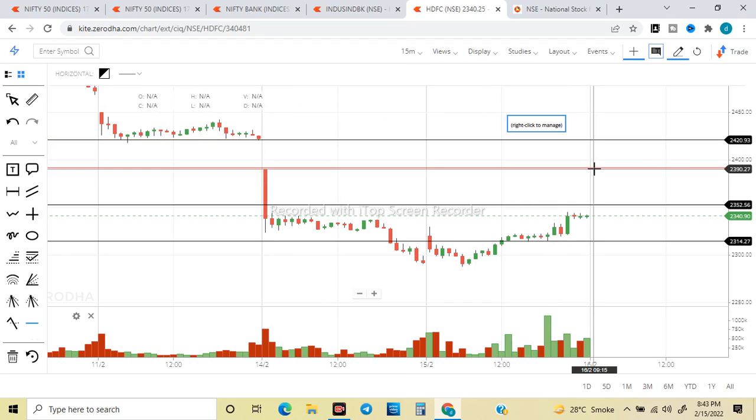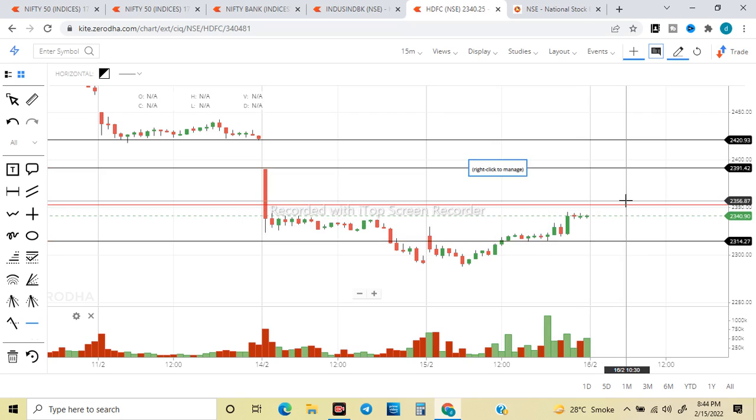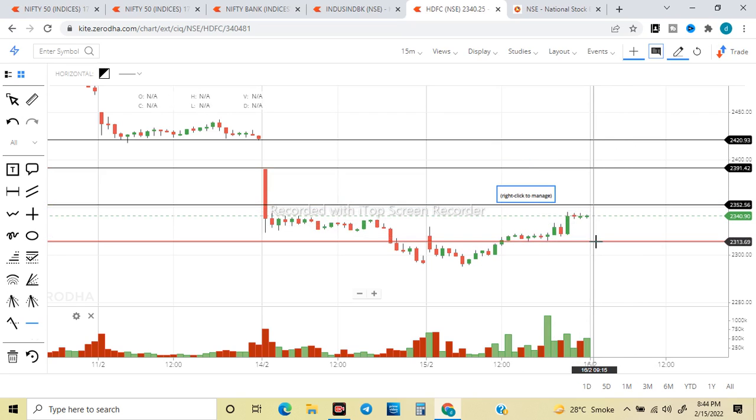As and when you achieve your first target, you can book half your quantity or you can start trailing. If I enter this trade particularly as per my analysis, I would maintain a stop loss at 2315 as per my risk appetite.